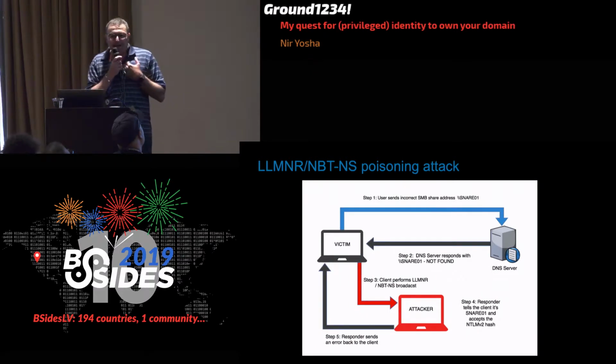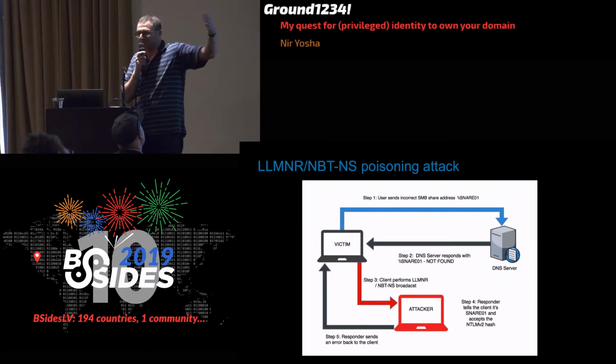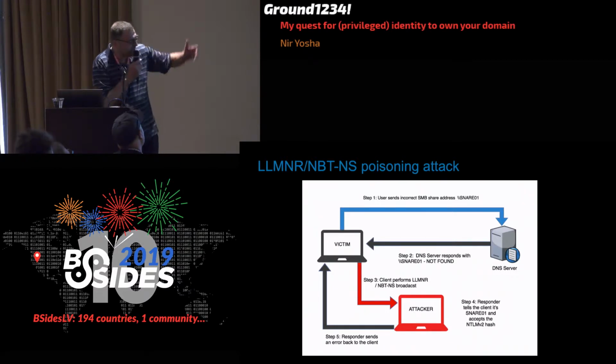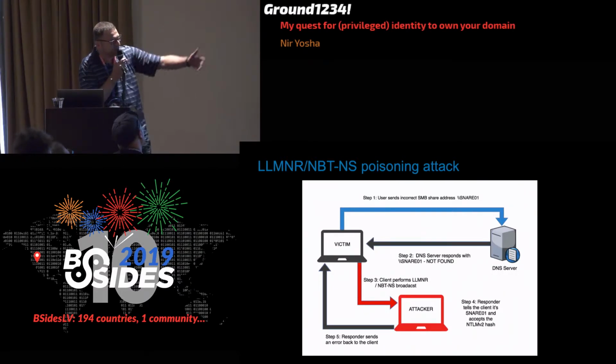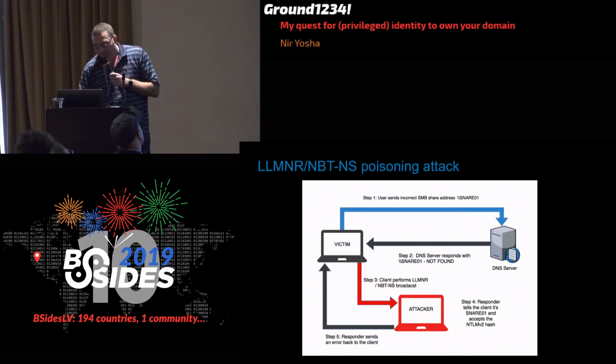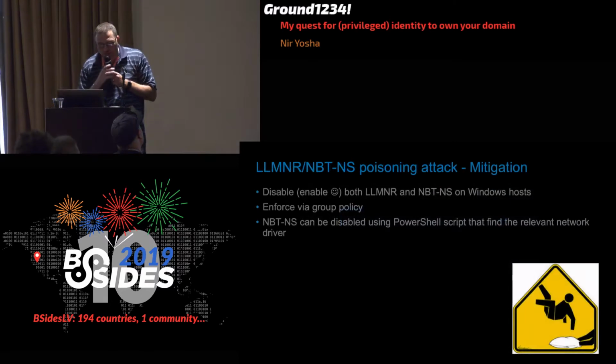And if I'm the attacker, I will say, I'm snare01. Please send the hashes to me. Then I get the hashes, and whenever the client or the victim is trying to access, I tell him, thank you, bye-bye, got your hash, I don't need you anymore. So that's how the attack works.